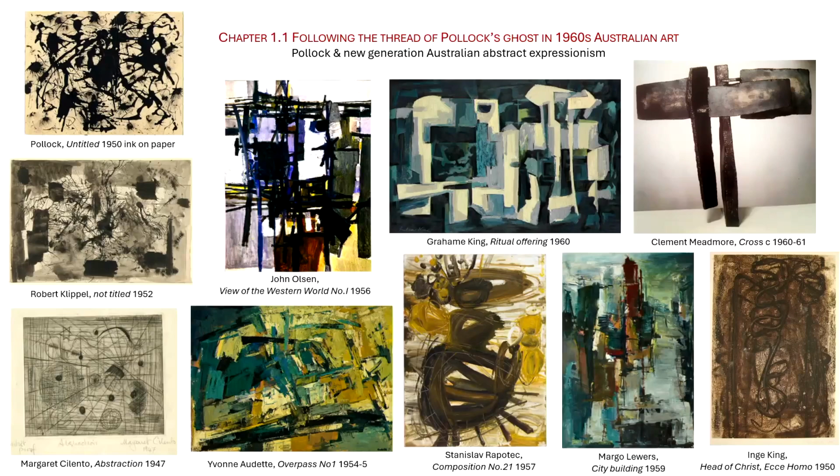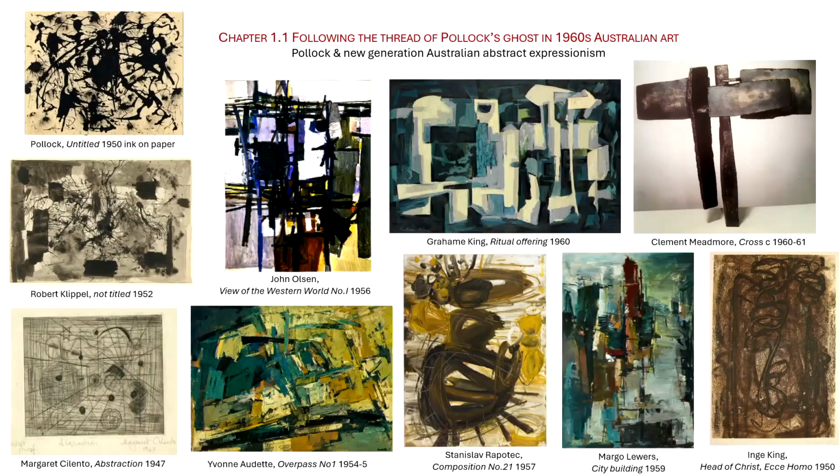So, chapter 1, the first bit, following the thread of Pollock's ghost. About half of these artists were in New York in the late 40s and early 50s, Australian artists, some of them studying with some of the abstract expressionists, all of them meeting around.